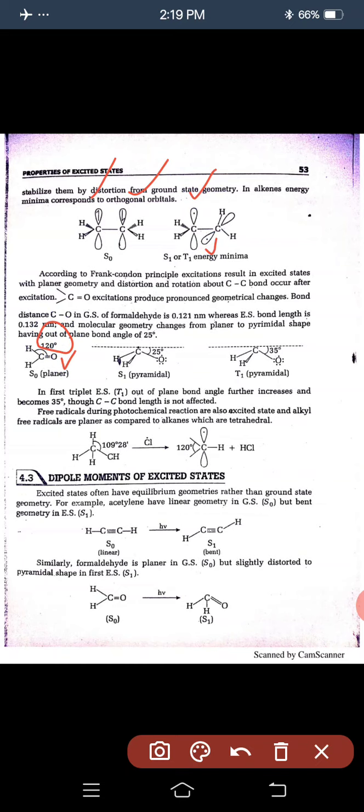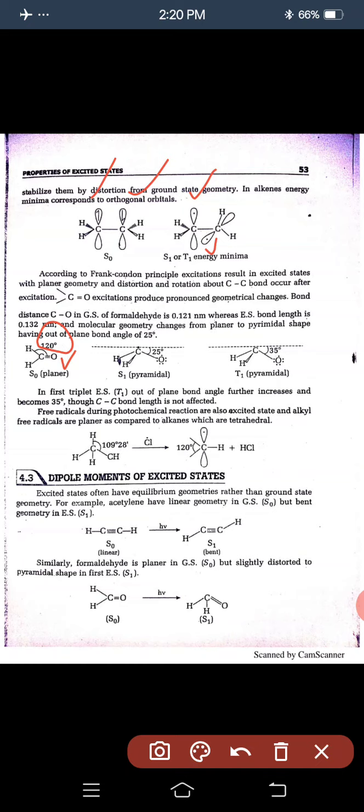But the second, S1, is converted from planar to pyramidal, and the bond angle also changes from 120 degree to 25 degree only, and T1 is also pyramidal but the bond angle is 35 degree. In the first triplet excited state T1, the out of plane bond angle further increases and becomes 35 degree, though the C-O bond length is not affected.